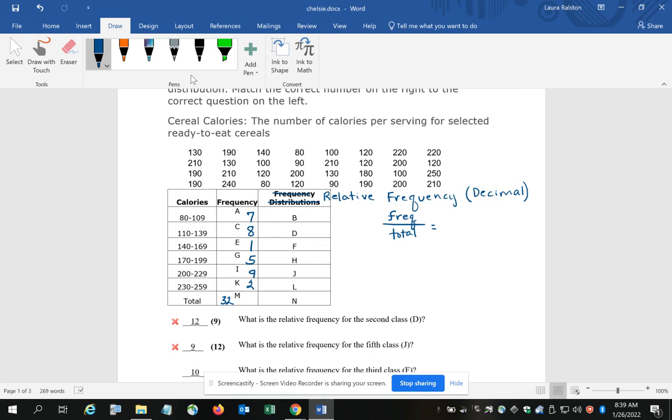Then I converted all those to the appropriate decimals, rounding to 4 places, because I noticed when I looked at the answer choices that they had 4 decimal places in most cases. So I'm writing those down. And your relative frequency in decimal form should total to 1 or 100%.